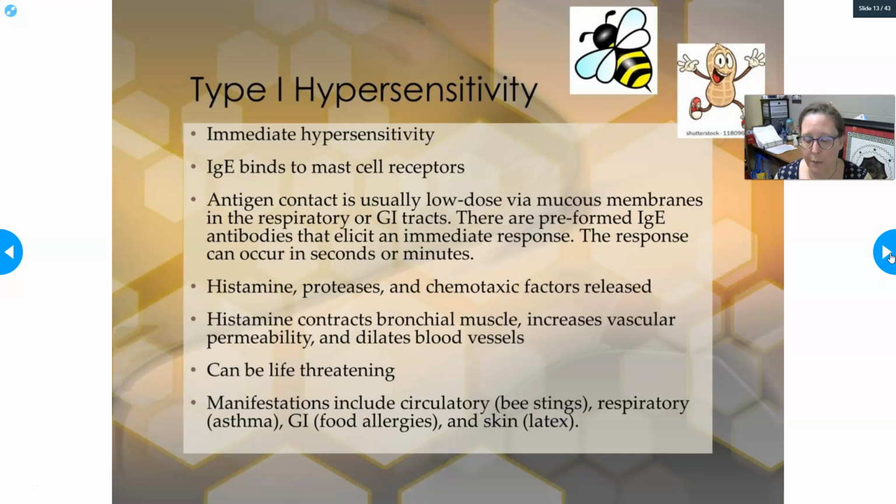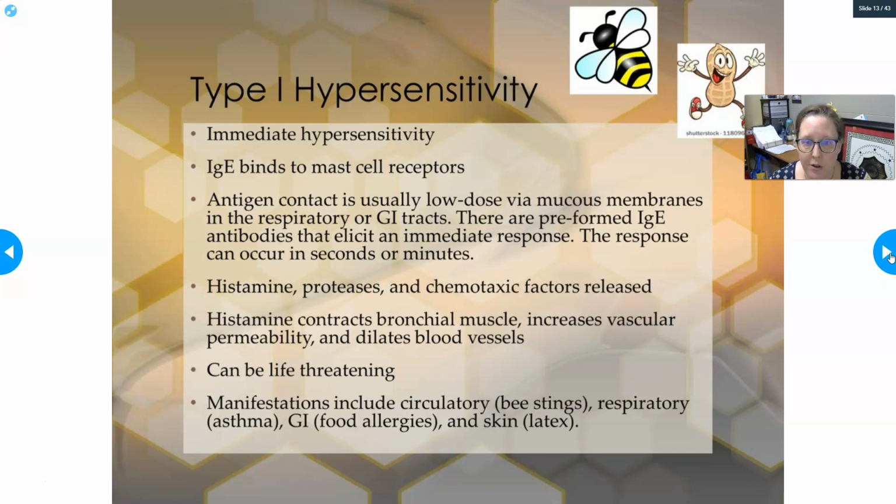If a person is allergic to peanuts, shellfish, strawberries, or wheat, for example, because I'm allergic to wheat, you can measure IgE specific to that antigen, specific to peanuts, specific to wheat, specific to strawberries, etc. And they will have a reaction every time they're exposed to it.